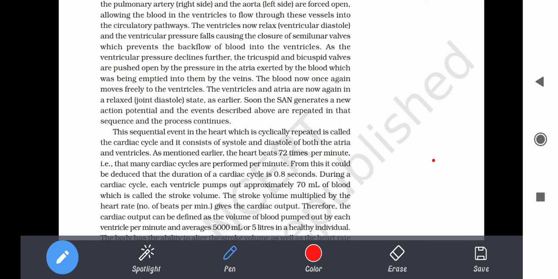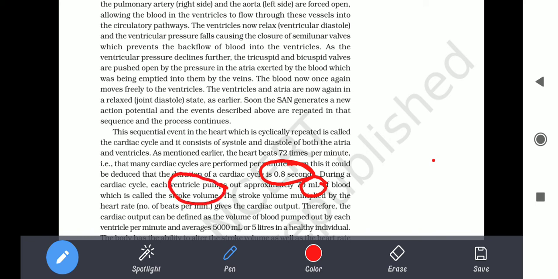Next it is written that this cardiac cycle is performed per minute, and from it can be deduced the duration. The duration of a cardiac cycle is 0.8 seconds. During a cardiac cycle, each ventricle pumps approximately 70 ml of blood, which is called stroke volume.